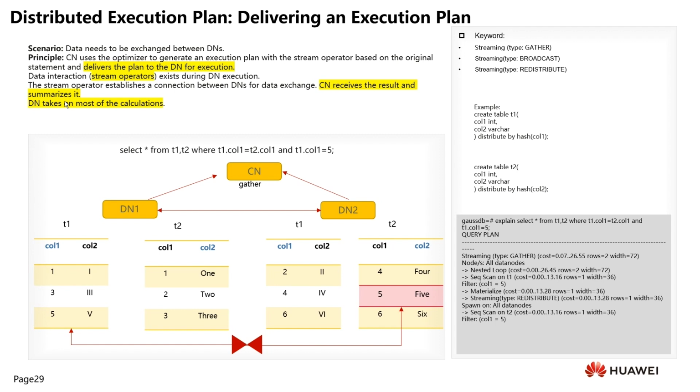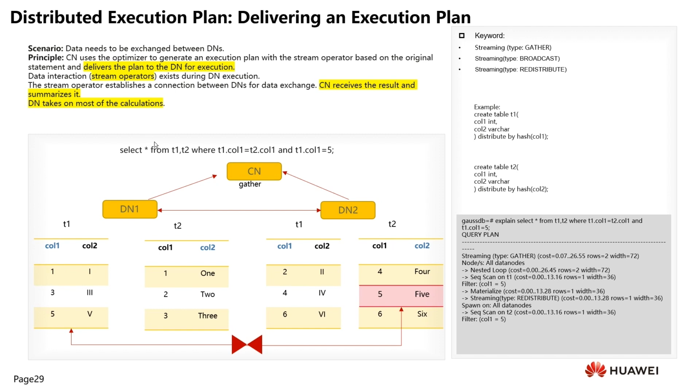Data interaction exists during DN execution. The stream operator establishes a connection between the DNs for data exchange, and the CN receives and summarizes the result. Still, the DN takes on most of the calculations.